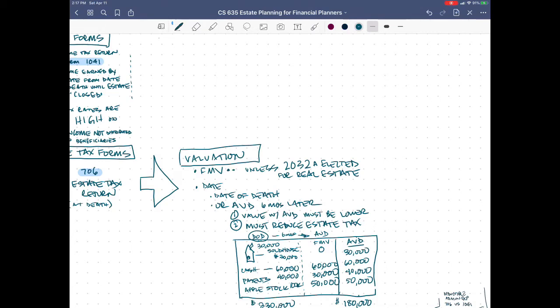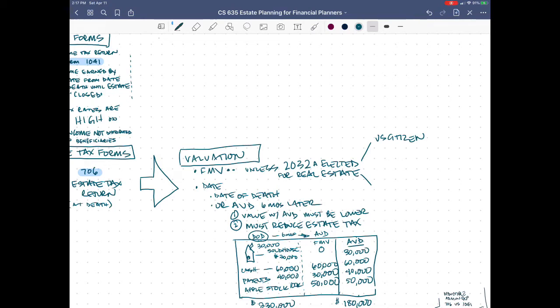Now, in order to get that valuation, be able to use it, the decedent must have been a U.S. citizen. The property has to be used in a farming operation or in a trade or business that was managed by the decedent or their family for 5 out of 8 years. You can read all of the rules on this on page 490.